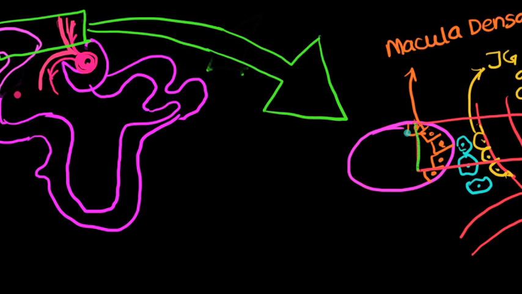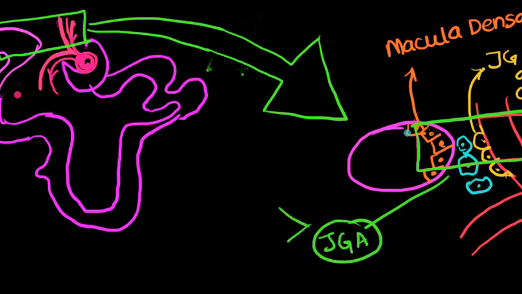So the juxtaglomerular apparatus is made up of three: one is the macula densa, the other is the extraglomerular mesangial cells, and the third one, which we saw over here, is the JG cells.